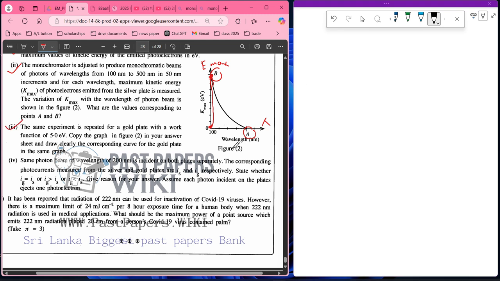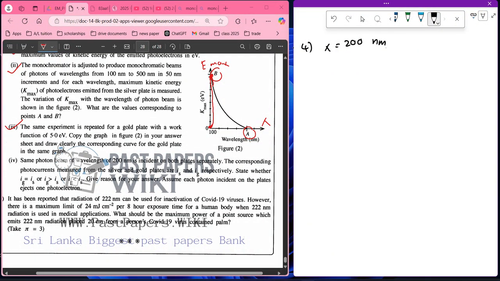Fourth one: the same photon beam of wavelength 200 nanometers is incident on both plates separately. The corresponding photoelectrons measured from the silver and the gold plates are from the silver. The wavelength is 200 nanometers.